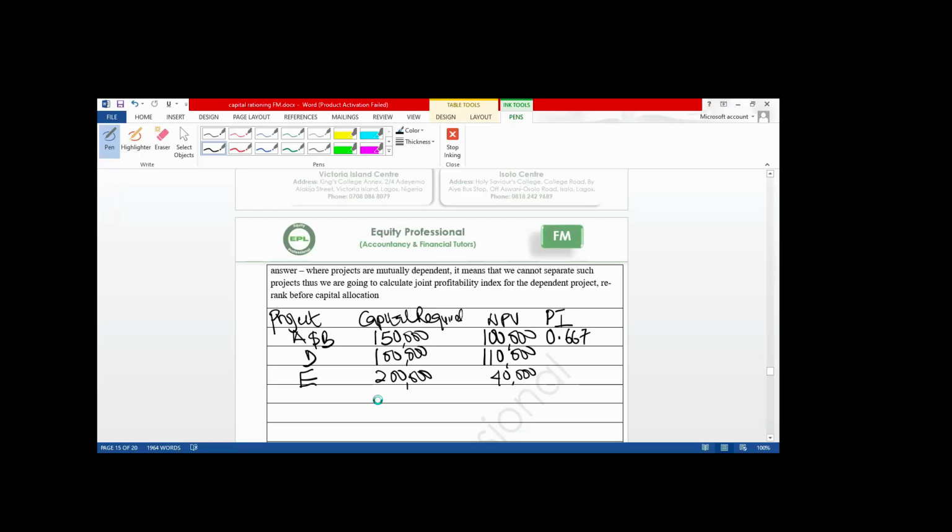For E, 0.2. Now do your ranking again. Project D first, followed by projects A and B combined, then project E.